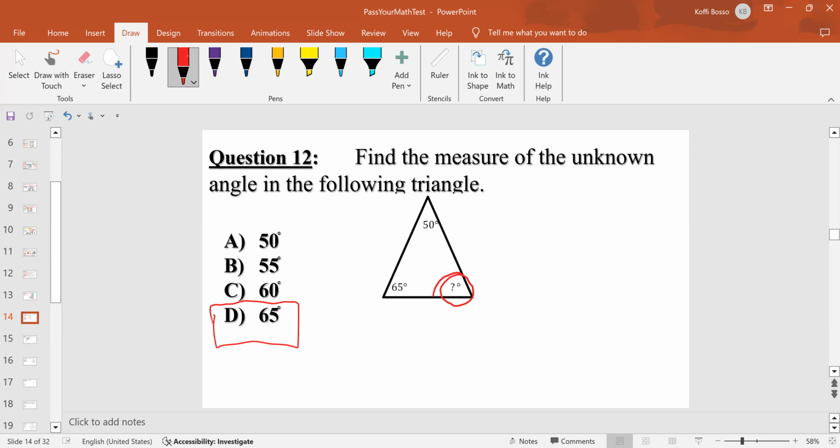To find this missing angle, first add 50 to 65. We get 115. Now subtract: 180 minus 115 gives you 65. The correct choice here is D.